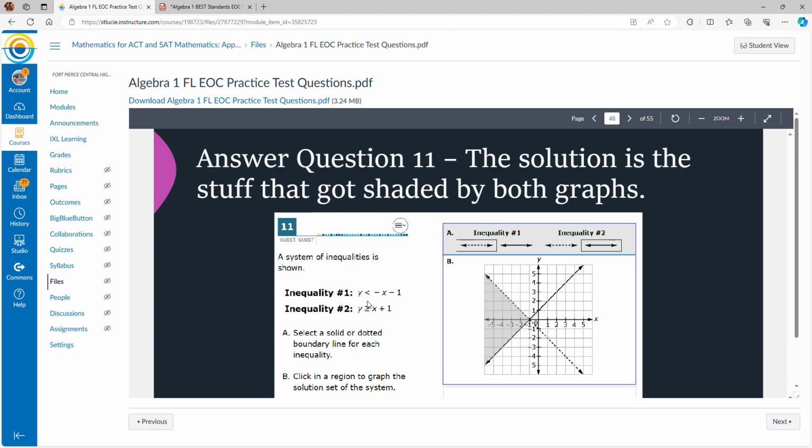So inequality number 1 was the dotted line, inequality number 2 was the solid line, and over here, this portion in quadrants 2 and 3 is the solution to the inequality.